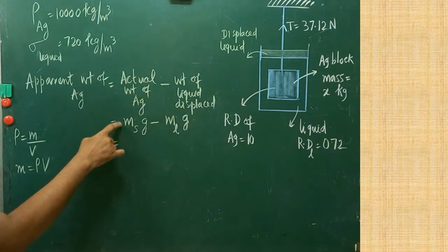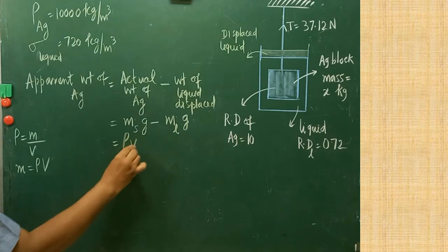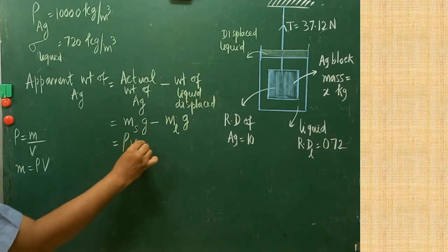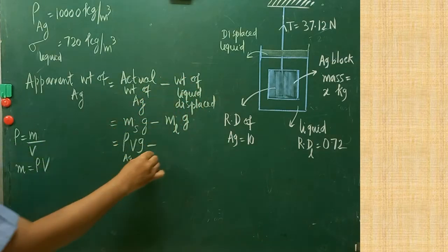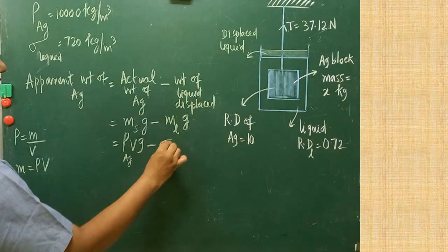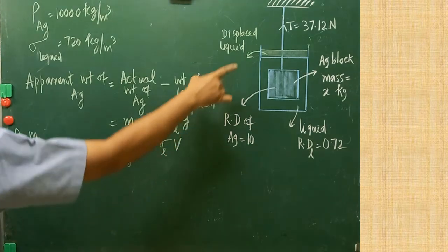Instead of the mass of silver, we can write rho of Ag into V into g, minus sigma of the liquid, because the same volume of liquid is displaced.